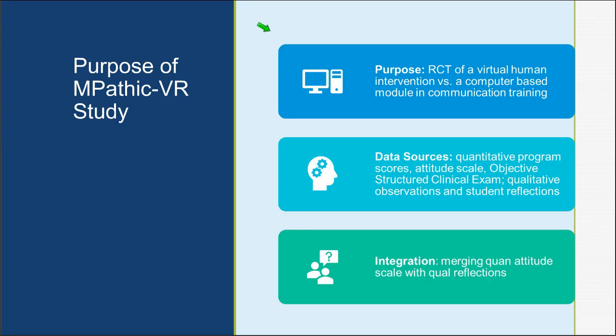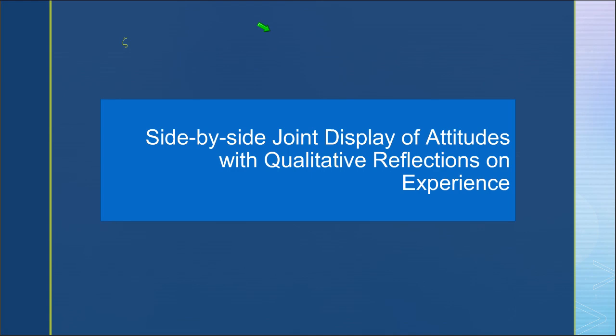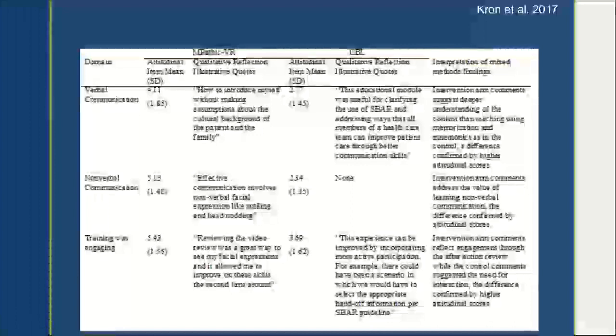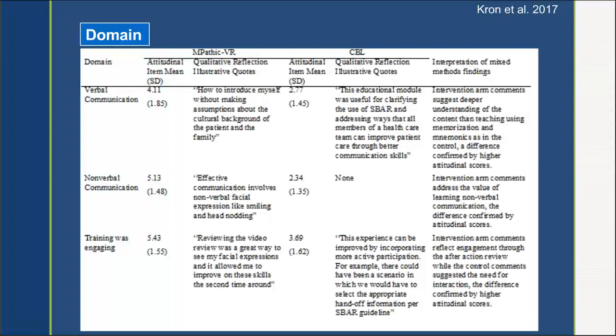So I want to show you merging quantitative attitudinal scale results with qualitative written reflections in this side-by-side joint display. And this is published, so you can refer to the paper. Lead author is Dr. Crone. It came out in Patient Education and Counseling a couple of years ago.